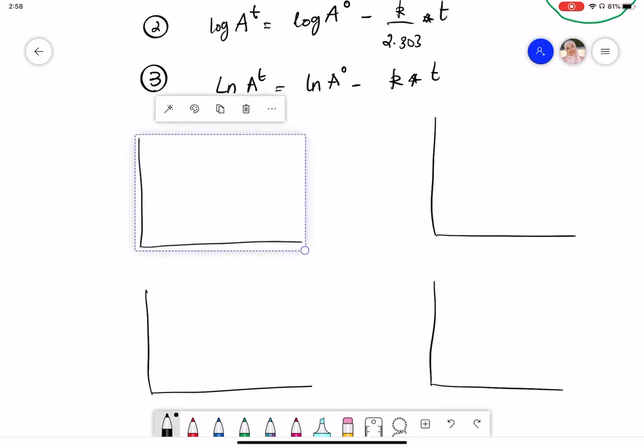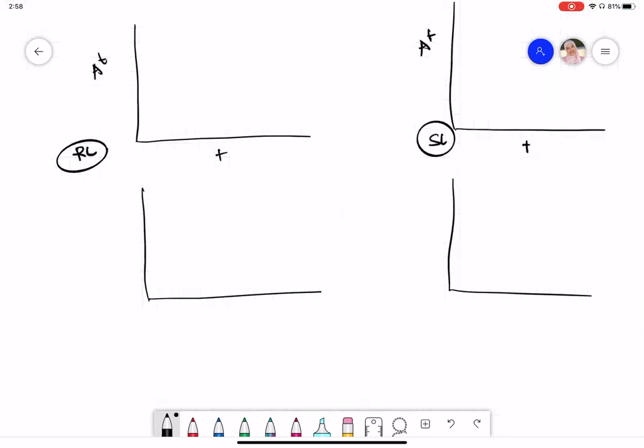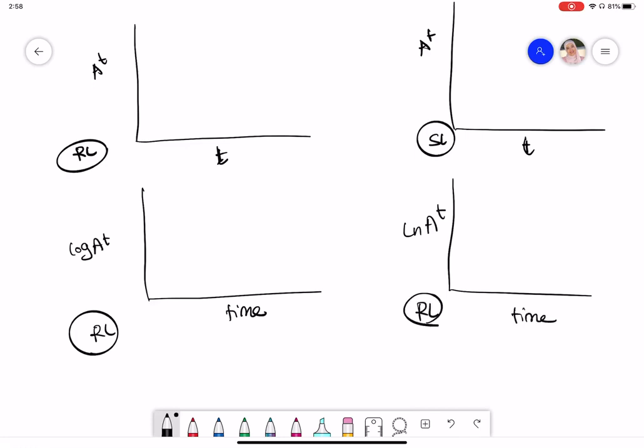We either draw A at a certain time versus time on either a rectilinear profile or a semilog profile, or we draw log amount versus time on a rectilinear graph, or ln amount at a certain time versus time on a rectilinear graph, right?